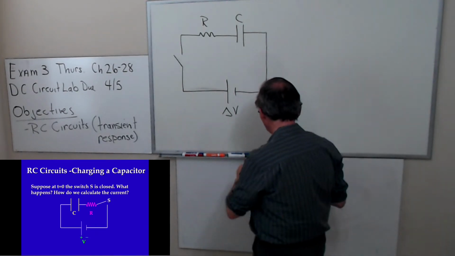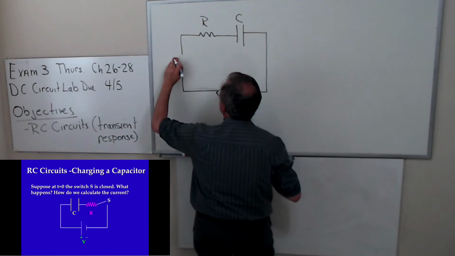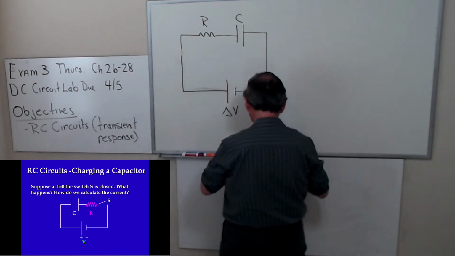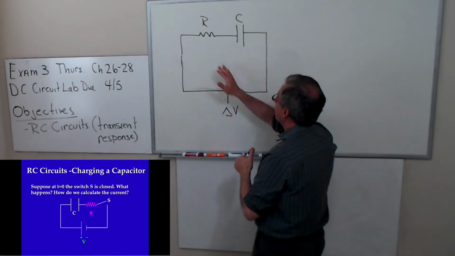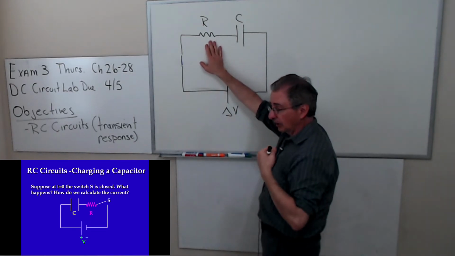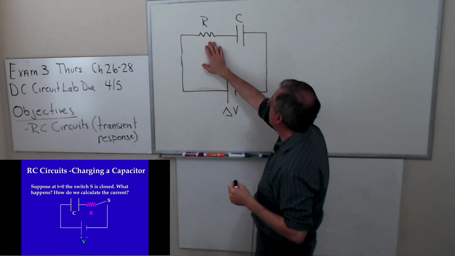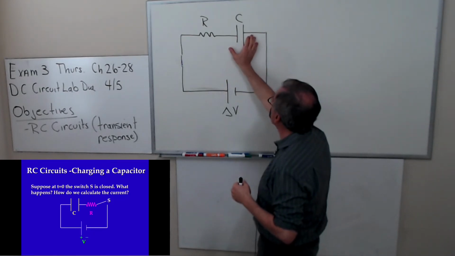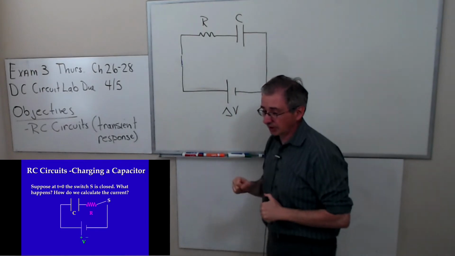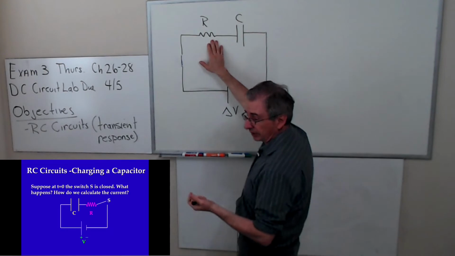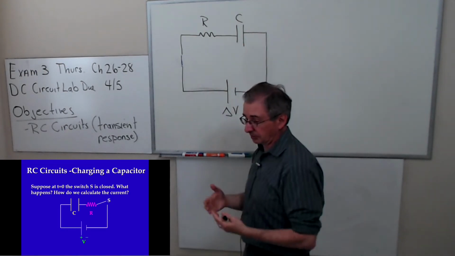Then let's close this switch. So what's going to happen? Well, charge will flow through here. But we have a resistor. The resistor will oppose its current. So the resistor is going to make it harder for the charge to build up on the capacitor. Really what's going to happen is the resistor is going to slow down the rate at which the charge will build up on a capacitor.